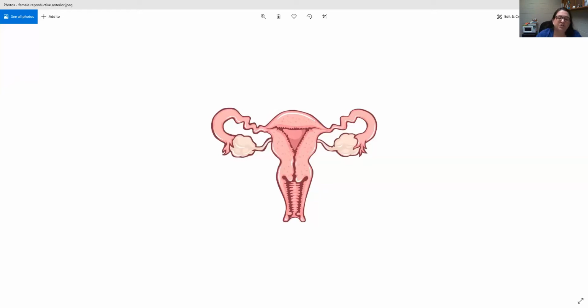Sometimes it's changed position because of childbirth injuries and repairs. So sometimes we do actually find the urethral opening almost up inside the vagina, but it can be a little bit more difficult to find.